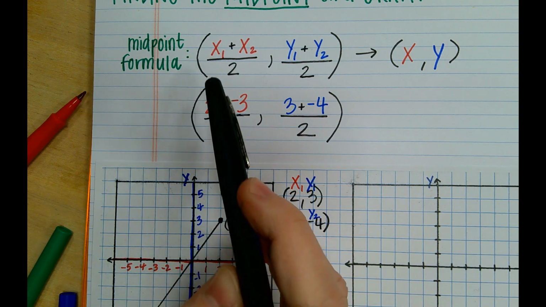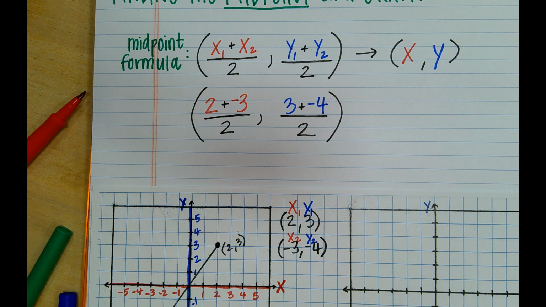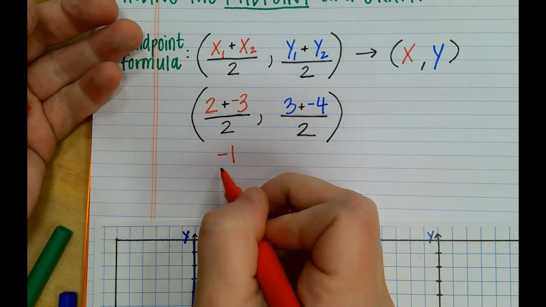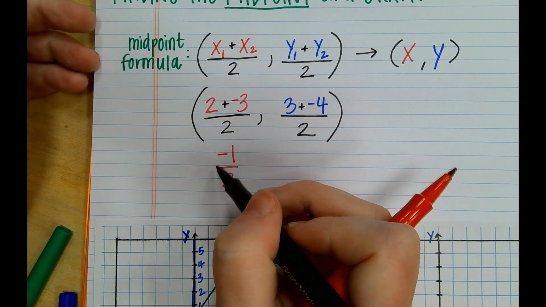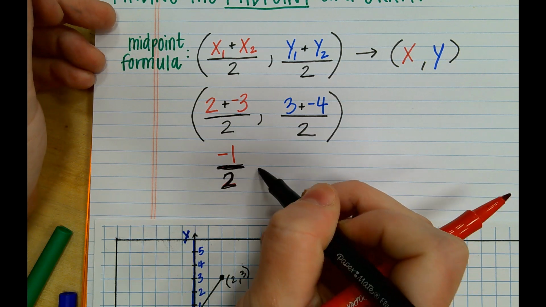If I do 2 plus -3, type that in our calculator if we want, or we can know that if I've got 2 and I take 3 away, how many am I going to have left? -1, good. So now I have -1 over 2. And here, I'll keep my colors consistent. -1 over 2.